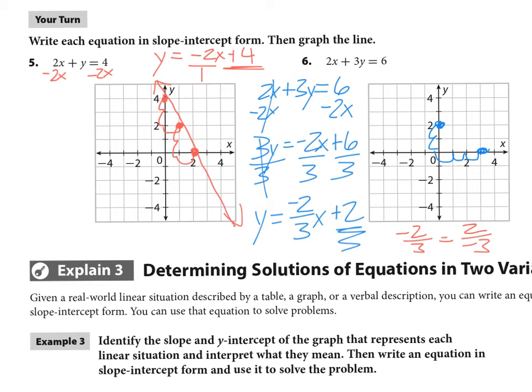Very good. Now I'm going to go up 2 and then to the left 3 to get another point. Now, you don't have to. 2 points is all you have to have, but 3 points just helps me line everything up. And then again, you're going to draw your line and put arrows on the end.